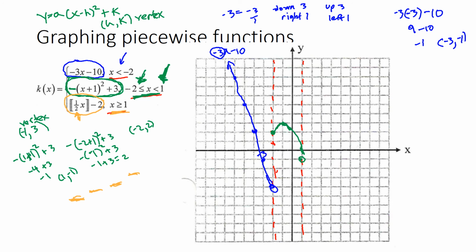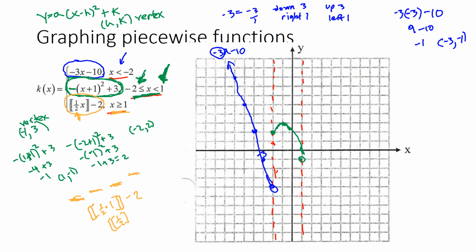So if we were to evaluate this step function or this floor function at, let's say, +1, we would have 1/2 times 1, then subtract 2. So 1/2 times 1 is 1/2.